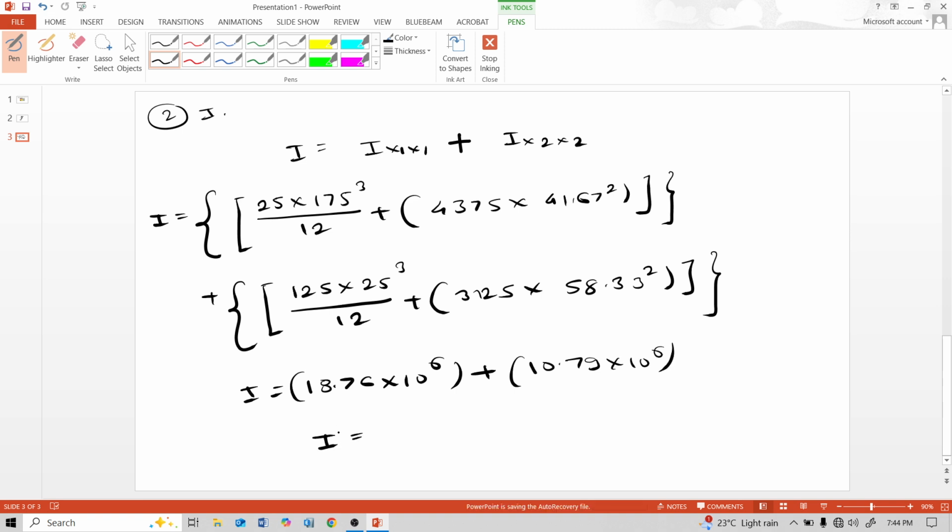So the moment of inertia is 18.76 plus 10.79, 29.55 into 10 raised to 6 mm raised to 4 for the T section.